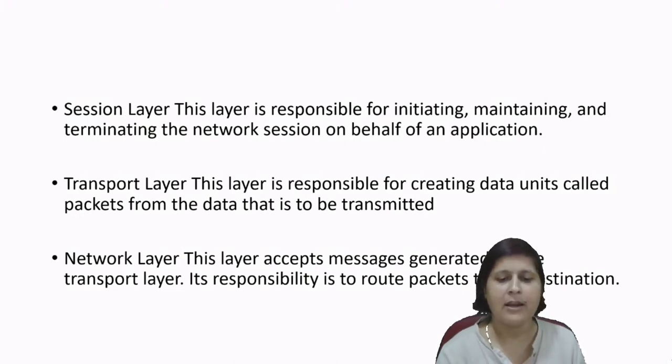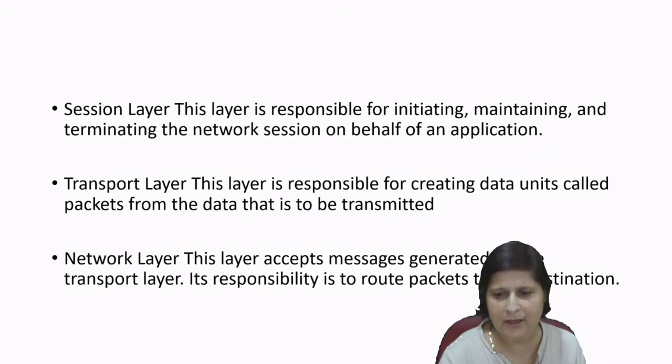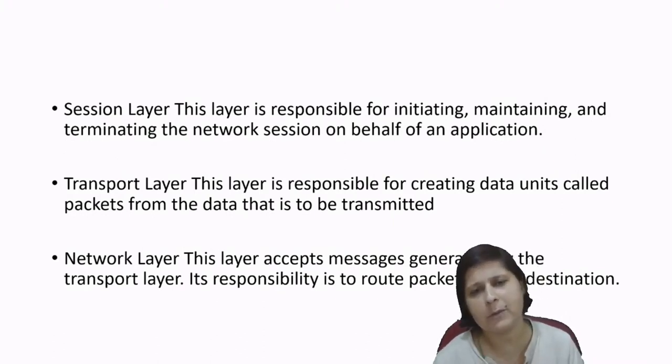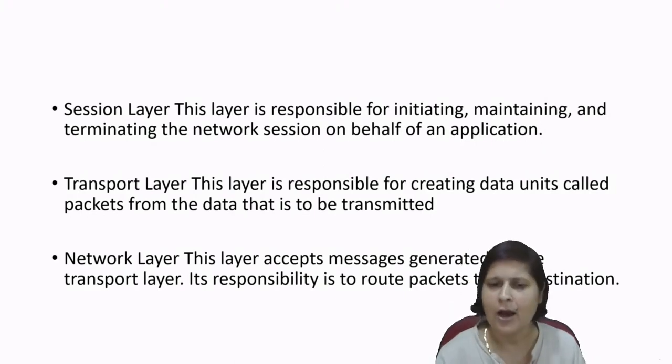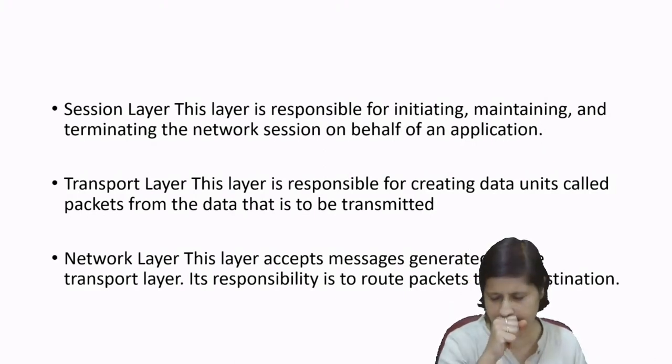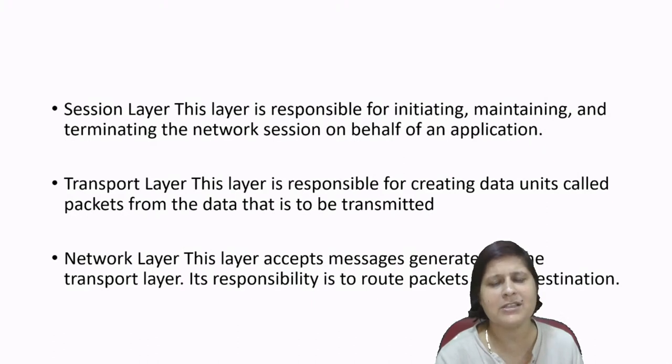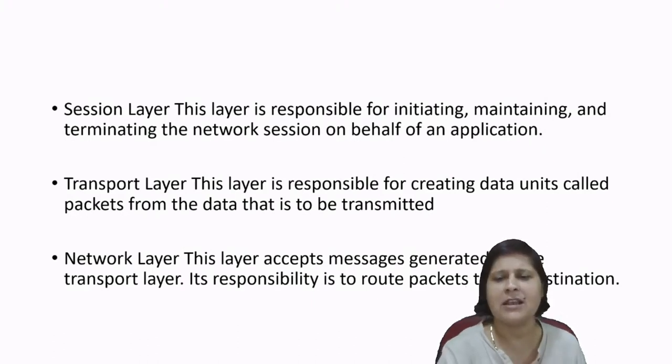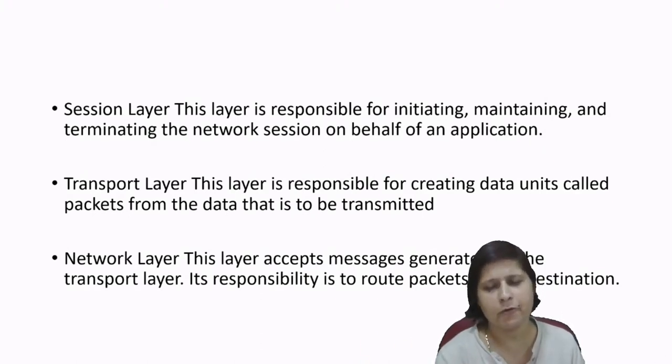Network layer, the layer accepts the messages generated by the transport layer, and its responsibility is to route the packets to the destination. How will it route? It is not compulsory that it will select a single route for the whole data to be transmitted. It can select n number of routes. It depends on many things.